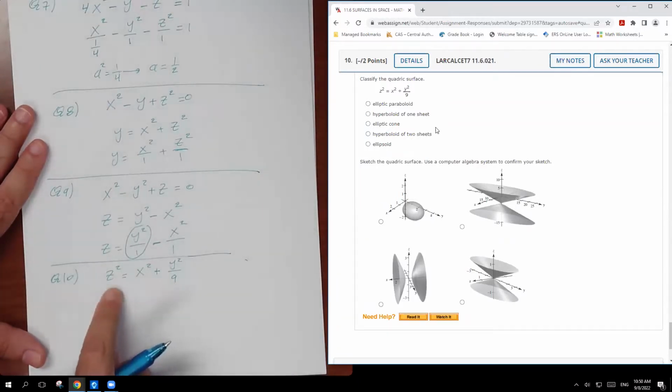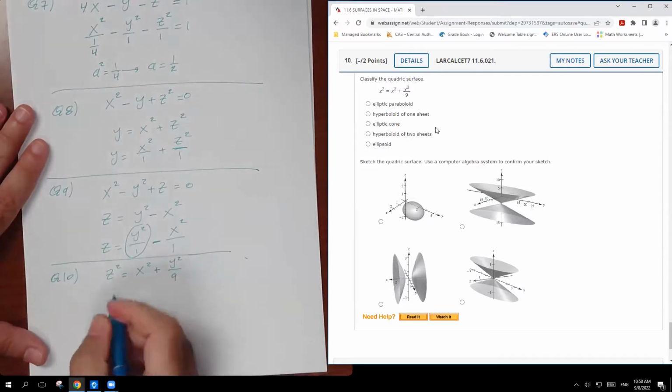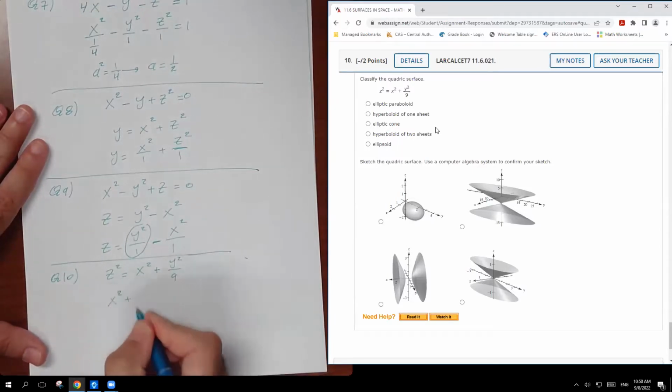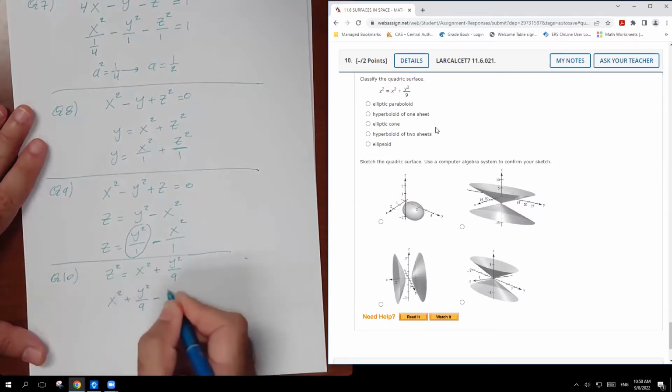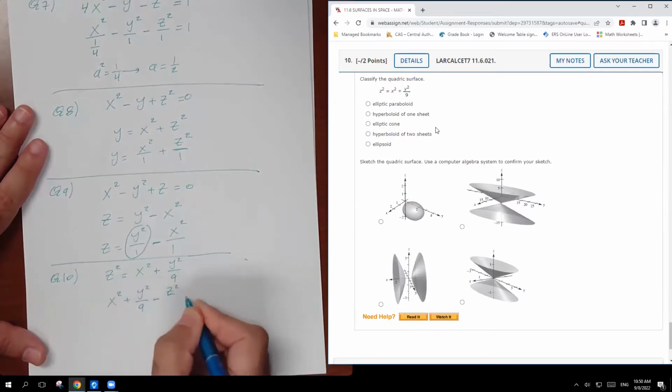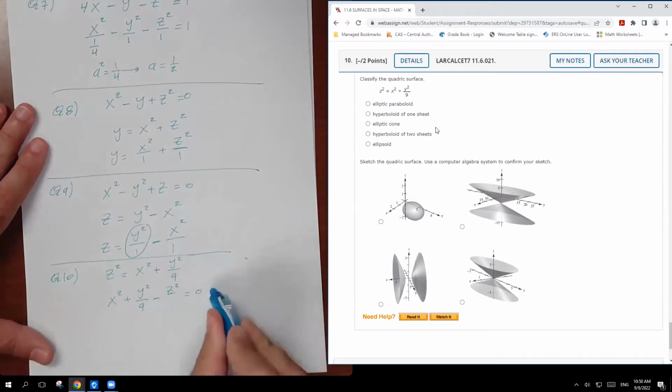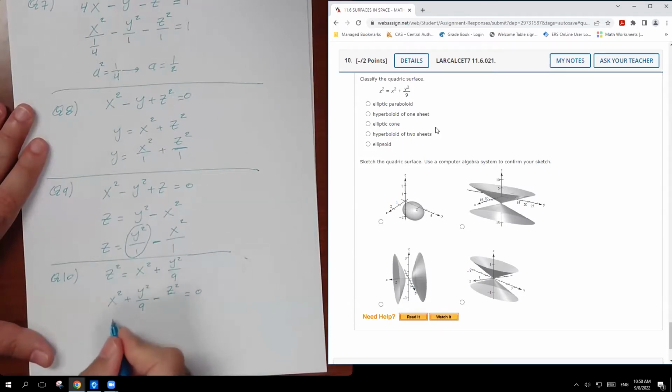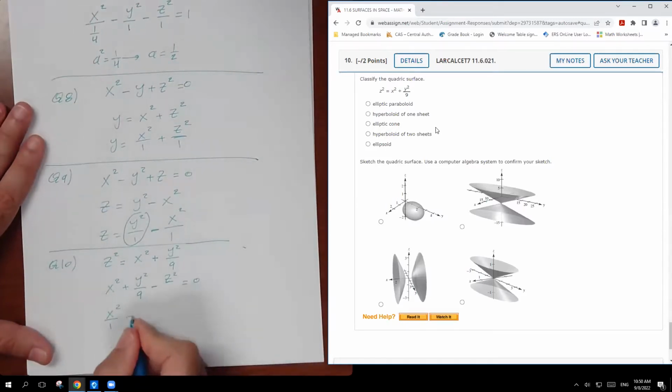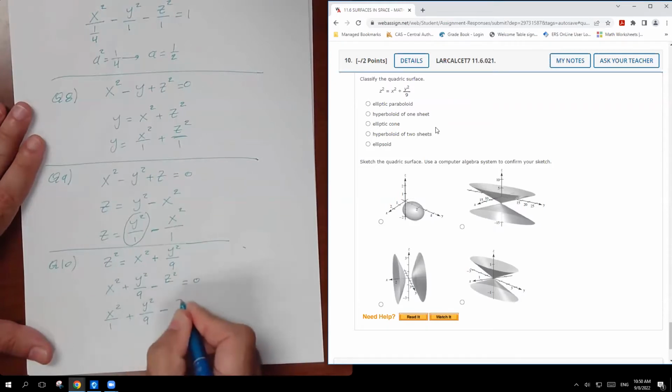So I'm going to move this one to this side. That means it's going to be x squared plus y squared over 9 minus z squared equal 0. Move this one to the other side. So this is over 1, so x squared over 1 plus y squared over 9 minus z squared over 1 equals 0.